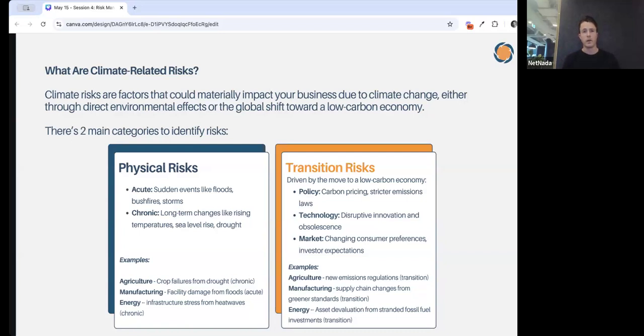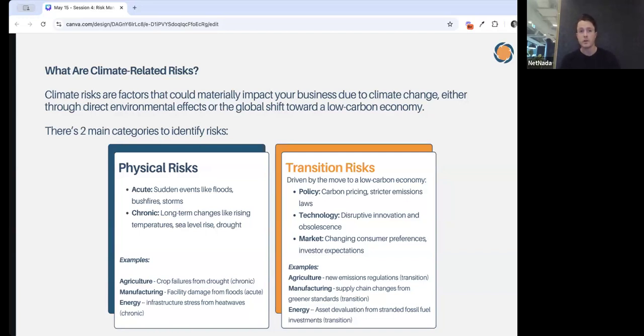Now, it's very clear to us, obviously, why these risks can affect different industries, and we're going to dive into some specific examples later on. But in agriculture, we're looking at crop failure, in manufacturing, facility damage, in energy and infrastructure, heat wave issues. So yeah, quite clear. Transition risks is what I spoke to a little bit before.